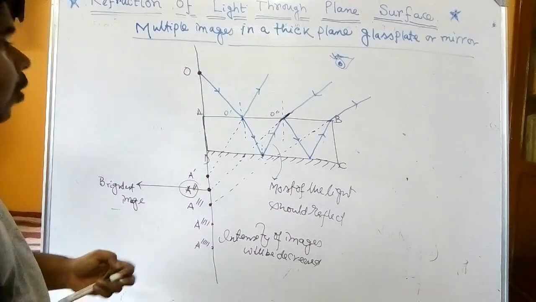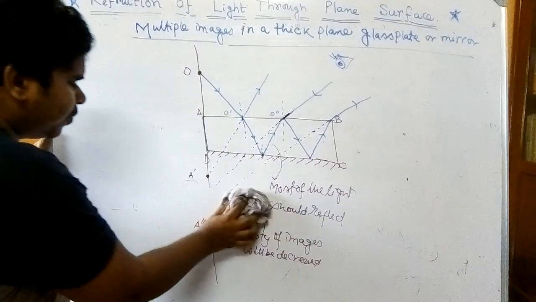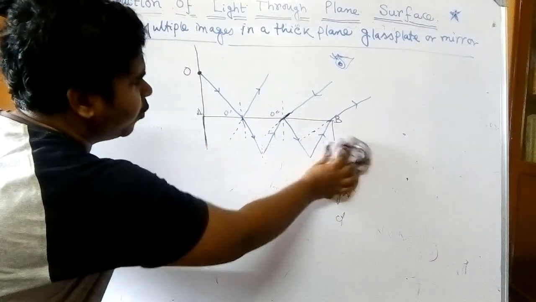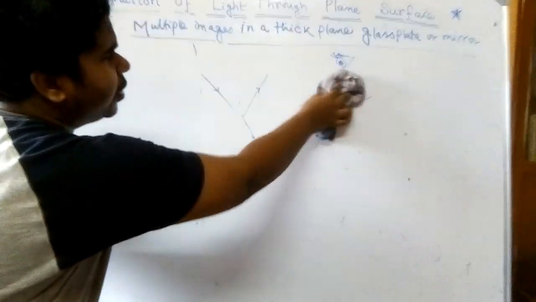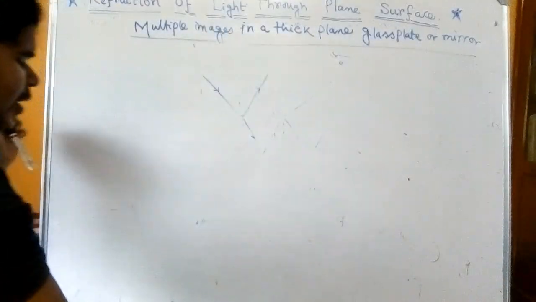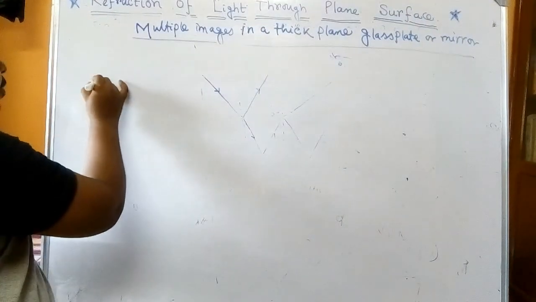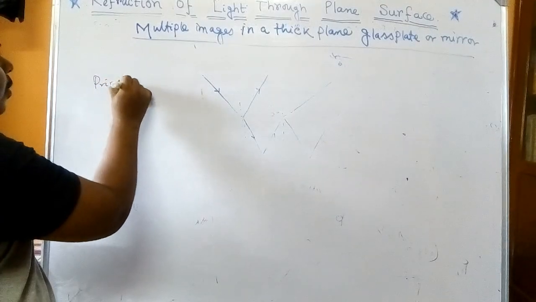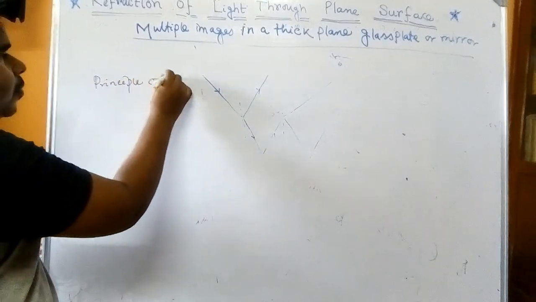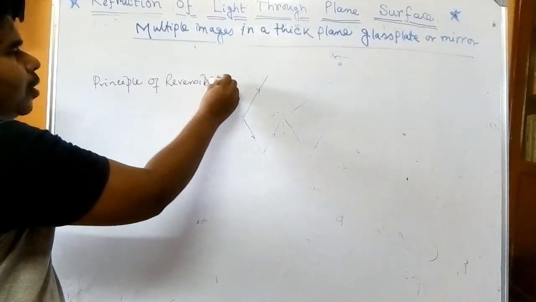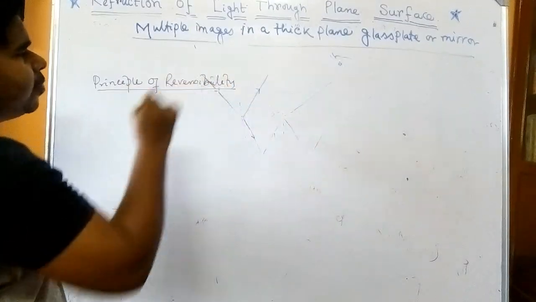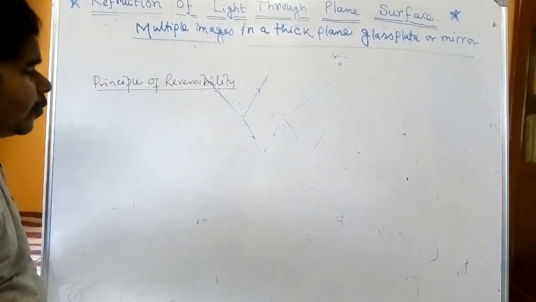Okay, now the last part, and though it is not very important, as it is there in your book, I will just make you do it. That is the principle of reversibility. What is the principle of reversibility for the case of refraction?